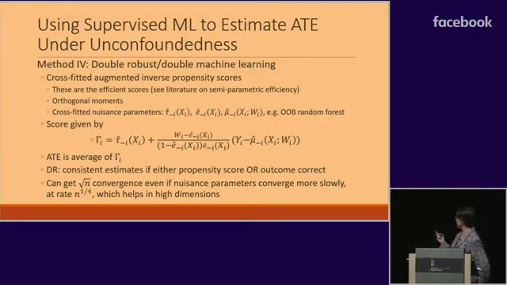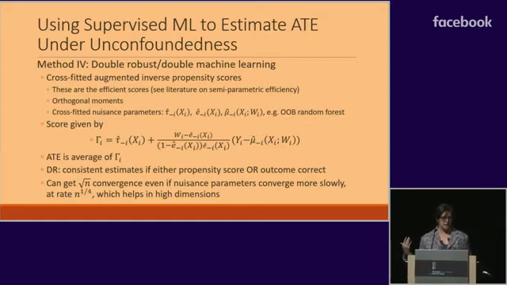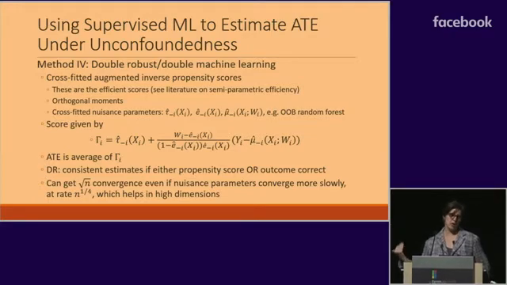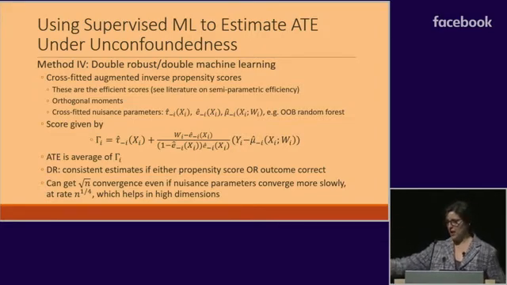Another thing that we're going to do here, which is not standard in machine learning, although it might be if you're using random forest, is that we're going to use either out-of-bag estimates of the nuisance parameters, or we're going to use cross-fitting. So if we were doing a neural network, we might break the data into 10 folds, and for each observation, I'm going to estimate the nuisance parameters using data other than that observation.